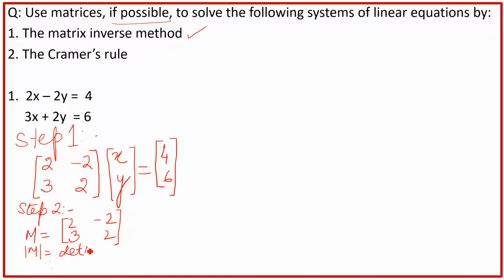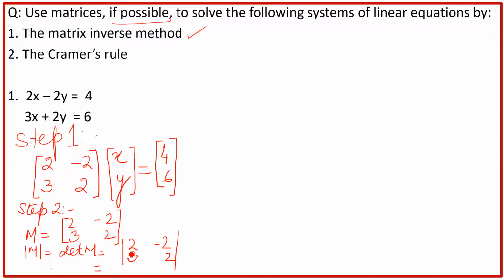Determinant of M, and in a determinant you know we use these straight lines. If it is this kind of straight line, it means we are taking the determinant. And this symbol, also called the large bracket, we use when we write the matrix. This represents a matrix and this line is the determinant.